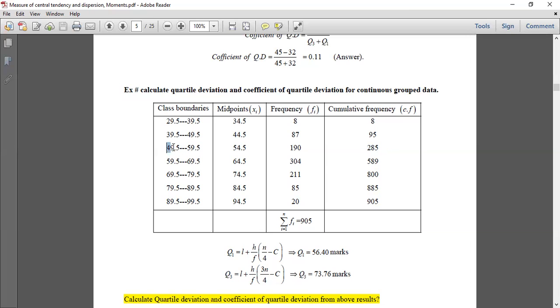So which boundaries is it falling in? 49.5 minus 59.5. So it will be 10. Subtracting 59.5 minus 49.5, so it will be 10. Yes, sir.